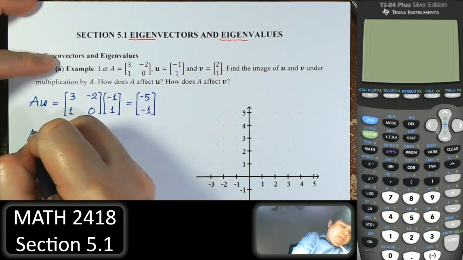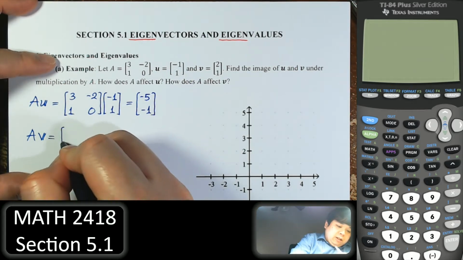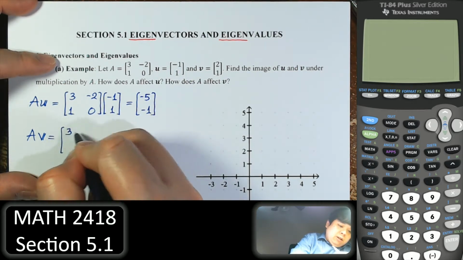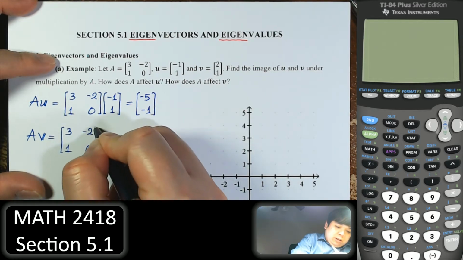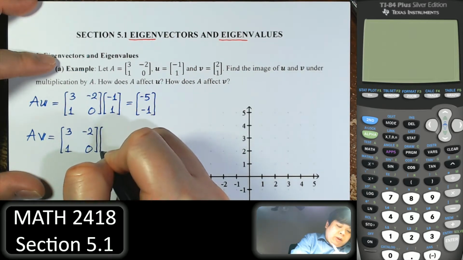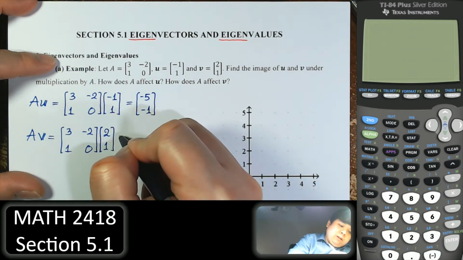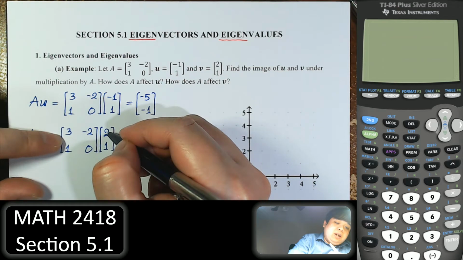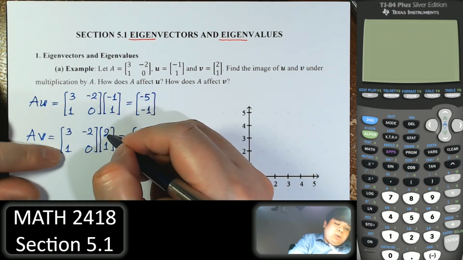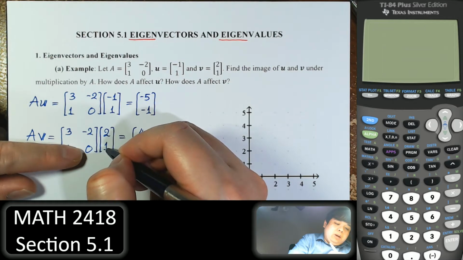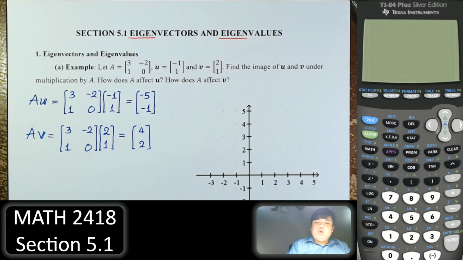And then let's do A times v: [3, -2; 1, 0] times v, which is 2 and 1. That gives us 6 minus 2, which is 4, and 2, 0, so that's just 4 and 2. Right, so what's so special about it?